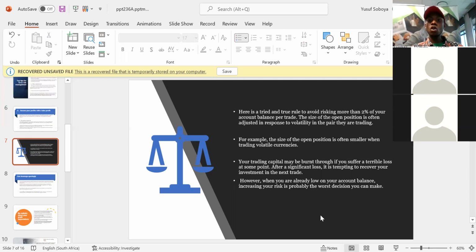Your trading capital may be burned through if you suffer a terrible loss at some point. After a significant loss, it is tempting to recover your investment in the next trade. However, when you are already low on your account balance, increasing your risk is probably the worst decision you can make.